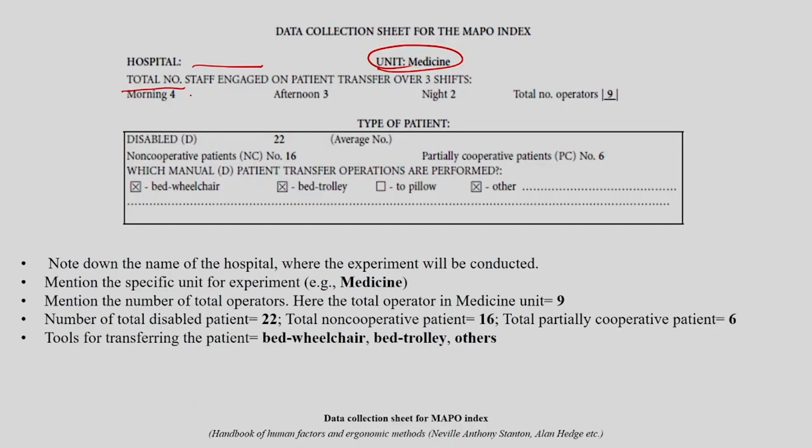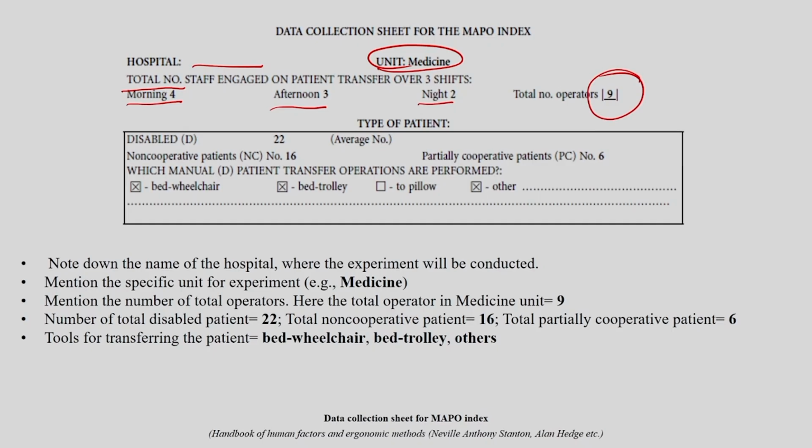So, the total number of staff engaged in patient transfer over 3 shifts. Here you can see that in the morning shift we have 4 staff, afternoon shift 3, and night shift 2. So, we have a total of 9 operators in that medicine ward.